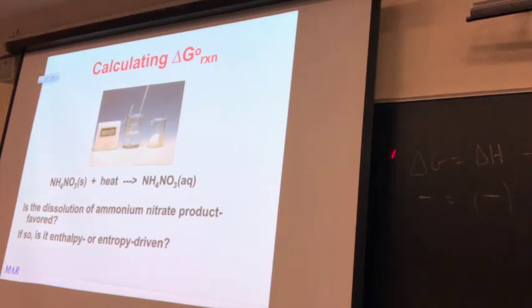Now, if delta G is negative, but delta H is positive, it's not enthalpy driven. What can we tell about the sign of delta S for this reaction? Positive. You have to have either a positive delta S or a negative delta H, or maybe both even, to make this negative.